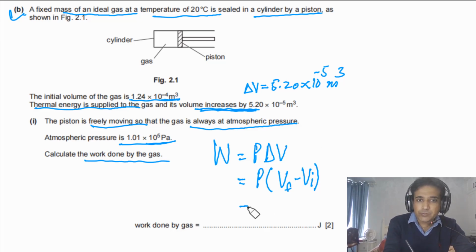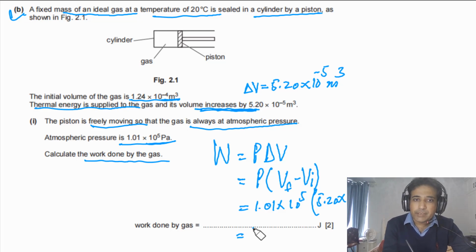So for this question, we have the value of P, that is 1.01 times 10 to the 5, and change in volume we have, that is 5.20 times 10 to the minus 5 meters cubed. And if we solve this one, we will get 5.25 joules. And this is positive because the gas is expanding.